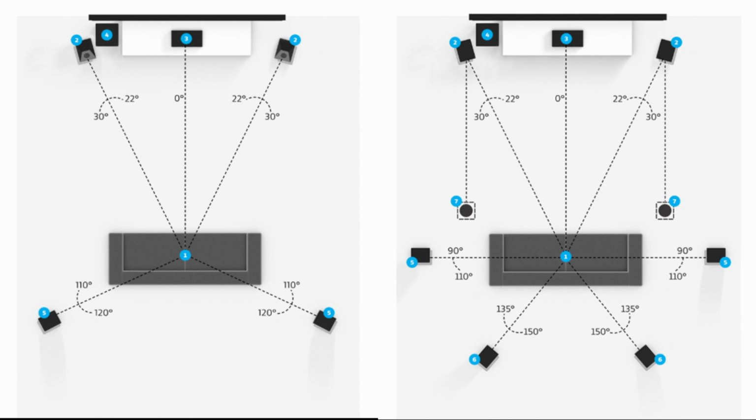Let's use Atmos as an example. They've got very specific placement and positions of loudspeakers with reference to height and physical positions around you. And there's a reason for that, because that's what the recording or the mastering engineer actually used.